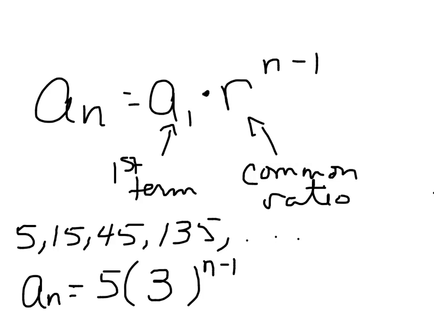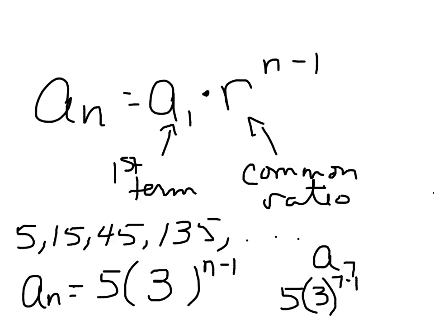Now from here, I'm going to ask you for what's a sub 7, which means I want the 7th number. Now, one of two ways of doing it. You can continue multiplying by 3 till you get 7 of them, or you can put 7 into the formula and see what you get. 5 times 3 to the 7 minus 1.